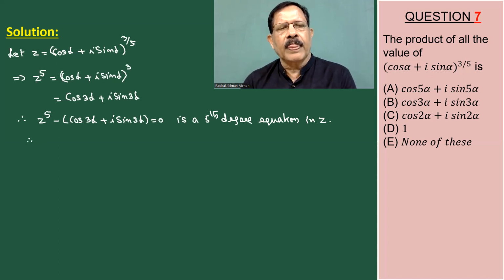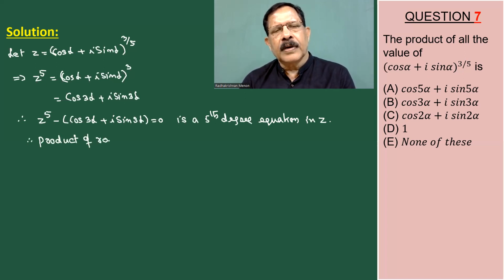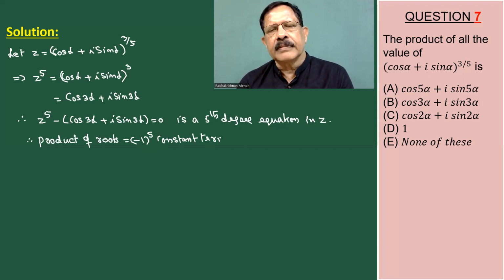The product of roots, there is a formula: product of roots is equal to minus 1 raised to n, here n is 5, into constant term. Constant term is here minus cos 3 alpha plus I sin 3 alpha, divided by coefficient of z raised to 5.